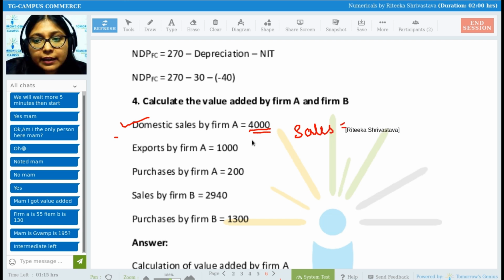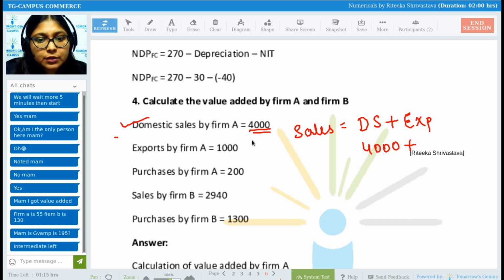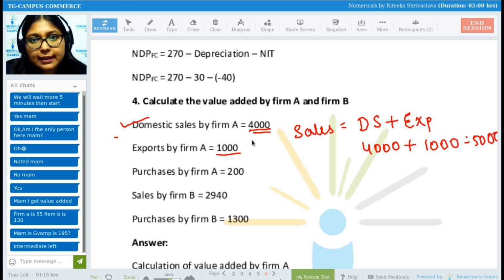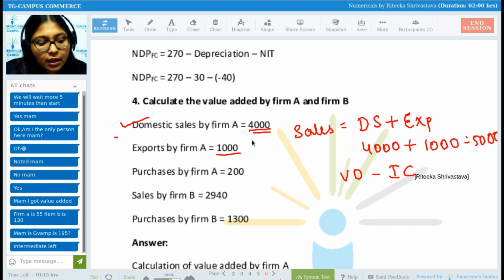So what is the formula for finding out sales? Domestic sales plus exports. Domestic sales is 4,000, exports is 1,000, so you get 5,000. So your formula is: sales minus intermediate consumption, value of output minus intermediate consumption.